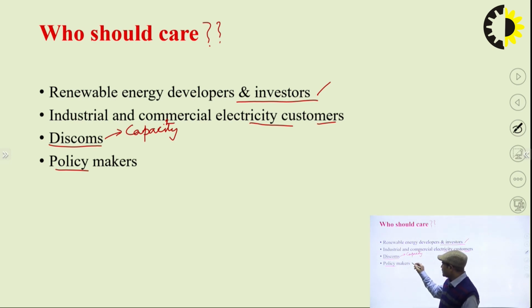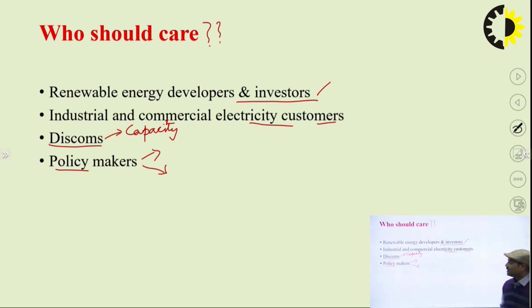Similarly, there must be good policies, like as we have seen in previous years, good policies have come for renewable energy, and thereby we can see there is a very high shift toward generation from renewable energy resources in previous years and coming years.